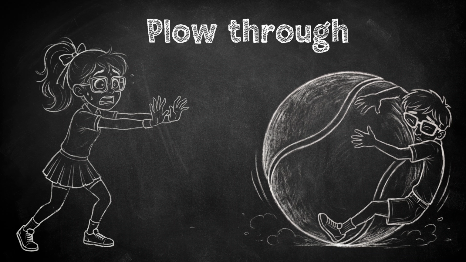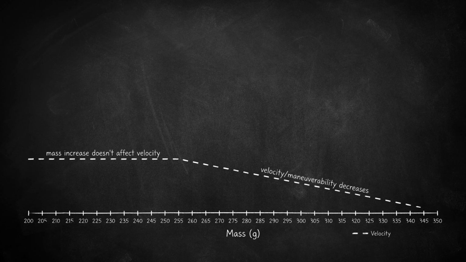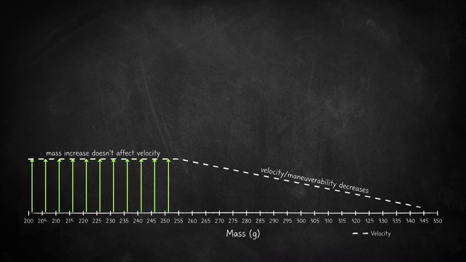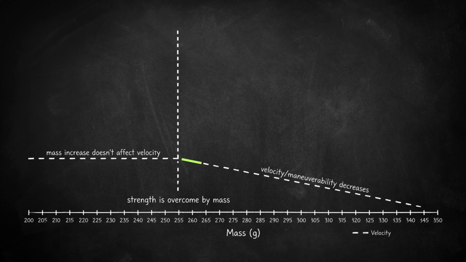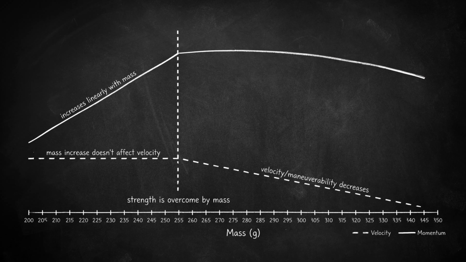Finally, we can visualize inertia versus velocity on a graph, where we can see that for a given strength of person, there is a maximum speed that they can swing, and that is sustainable up to a certain weight. Beyond this, the speed will fall away as the inertia is unable to be overcome by the person's strength. Since we have mass and velocity, we are able to calculate momentum, which we plot on the graph.